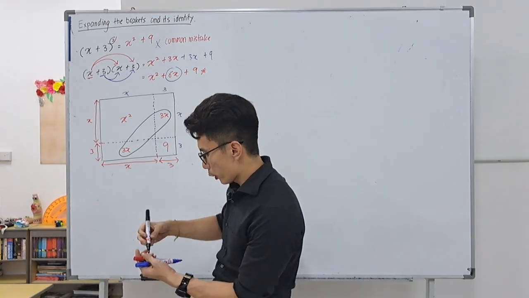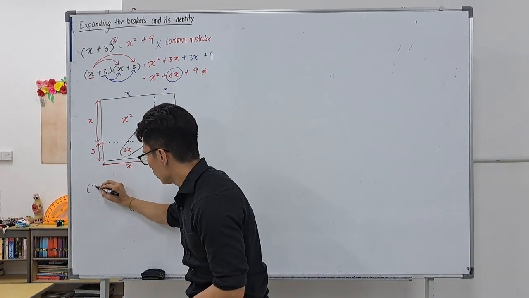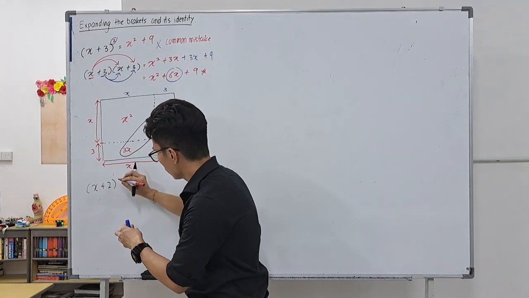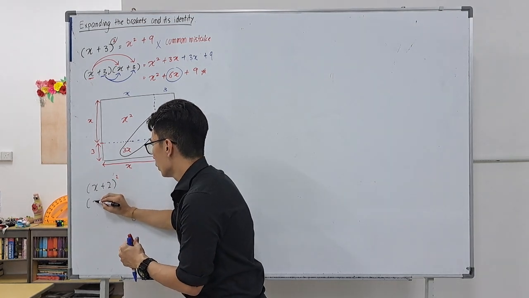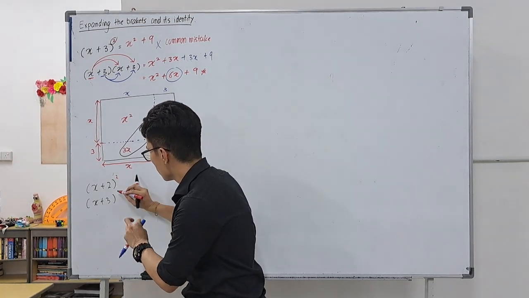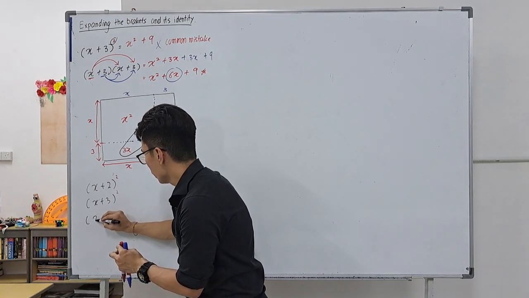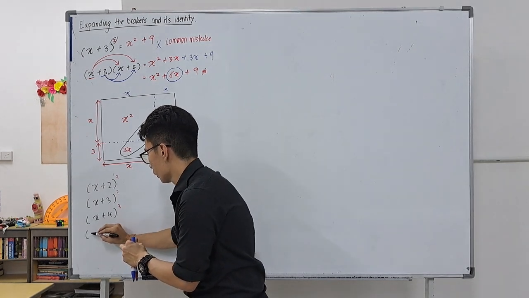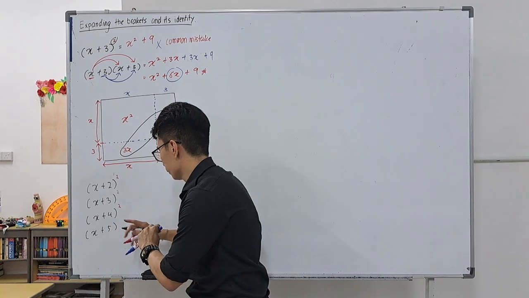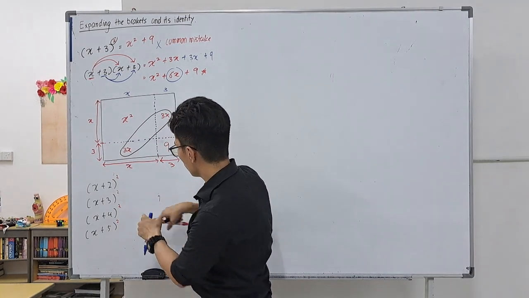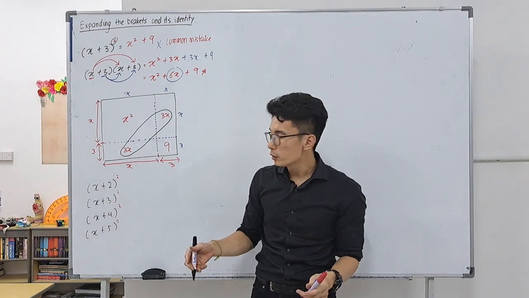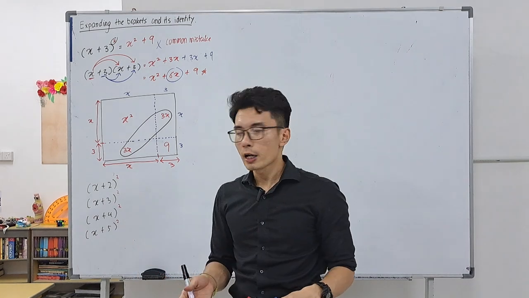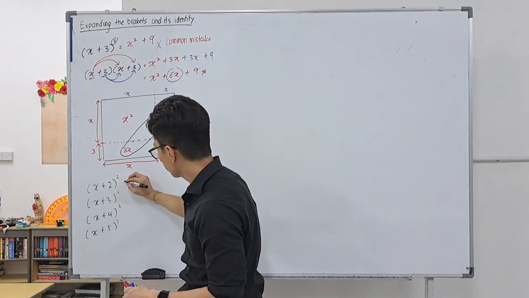I want to give you a few expressions over here: x plus 2 squared, x plus 3 squared, x plus 4 squared, x plus 5 squared. You can quickly pause the video to work this out. In the meantime, I will just write out the expressions.